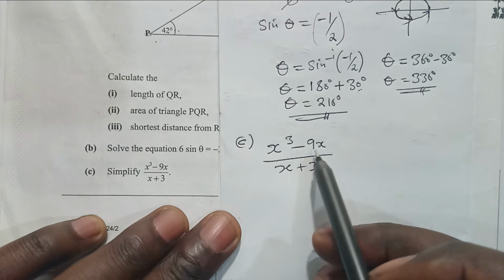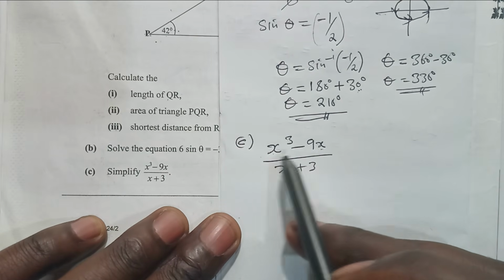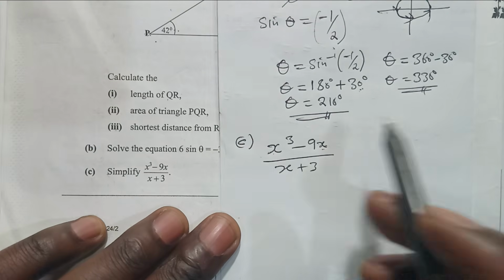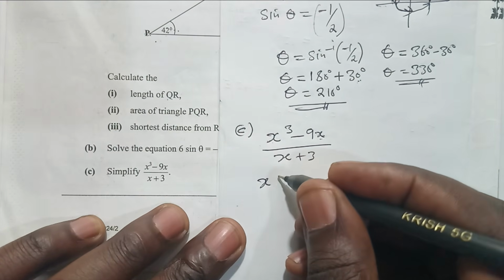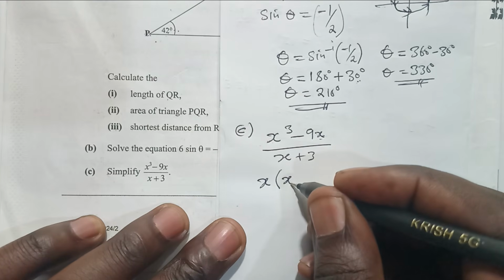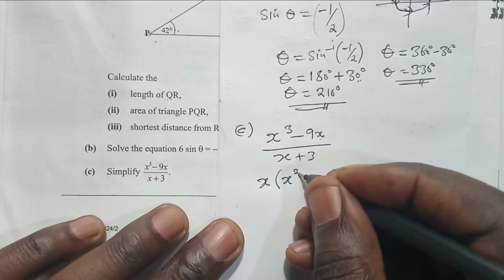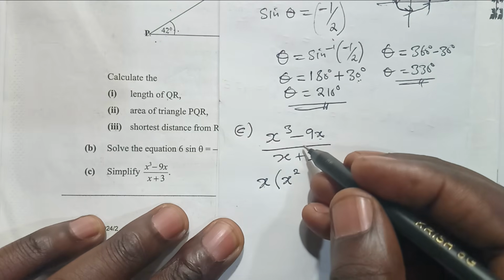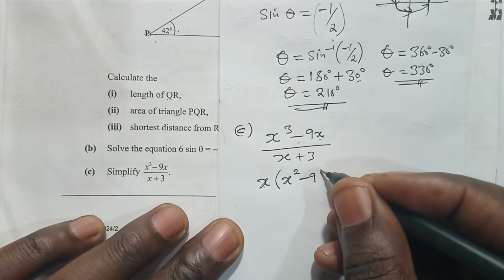So what can we do to the numerator? We can see that x is common, so we can factor it out. Let's start by factorizing the numerator. We are going to have x, then x into x cubed, we remain with x squared. Then x into negative 9x, we remain with negative 9.